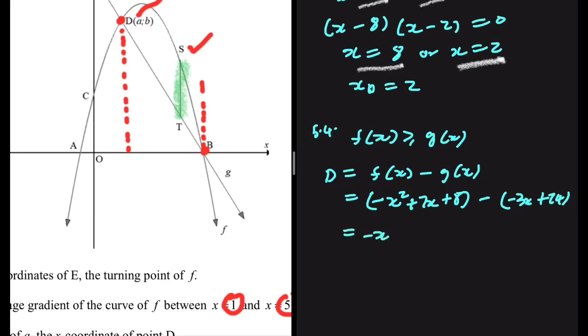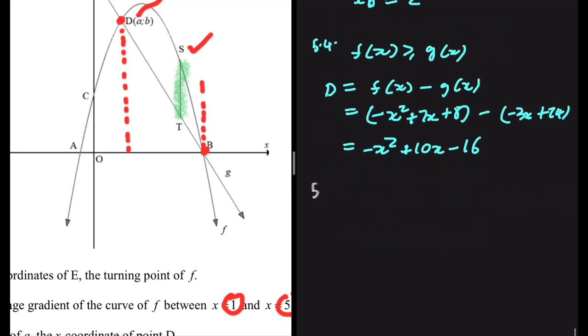Minus x squared and then plus 7x minus 3x, that will be plus 10x, and 8 minus 24, that is minus 16. So this is the equation of ST. We can do 5.4 now if we have the equation of ST.